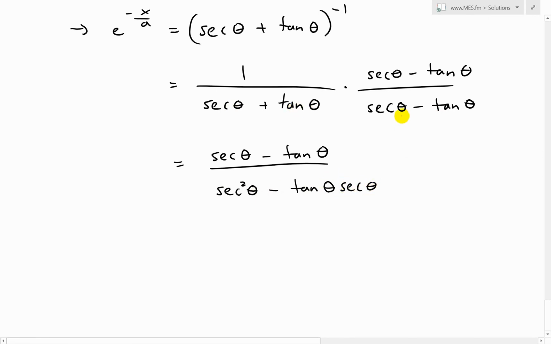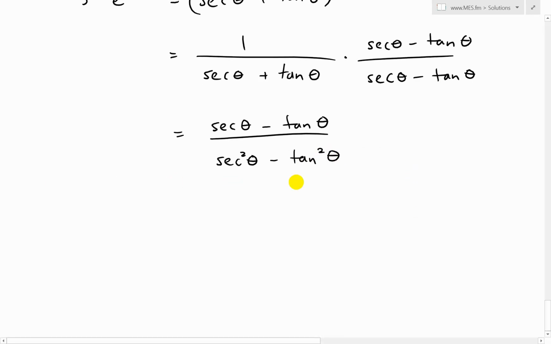And then this one times that one is going to be plus tan theta secant theta. So those just cancel. That's why we multiply by the negative. And now finally tan theta times negative tan theta is negative tan squared theta. But also now recall the trig identity.